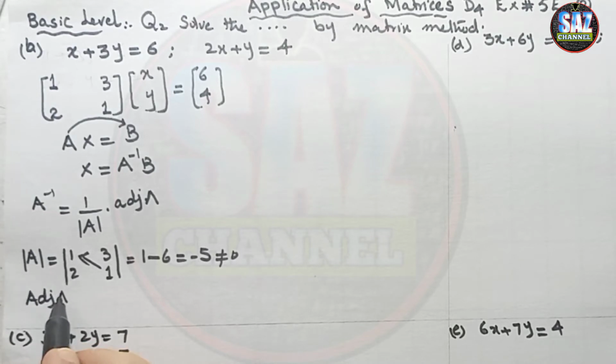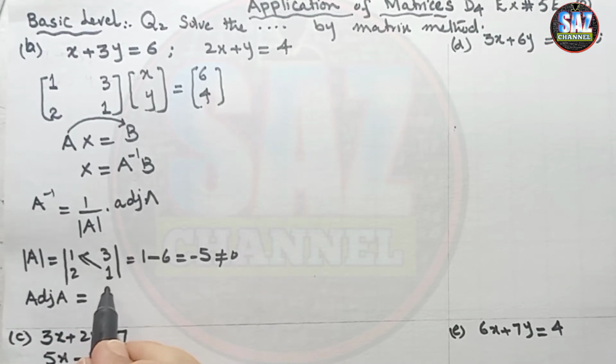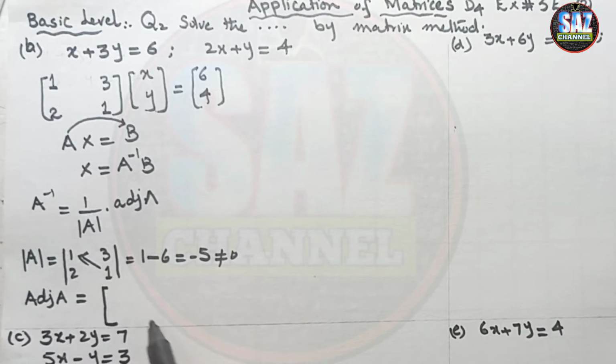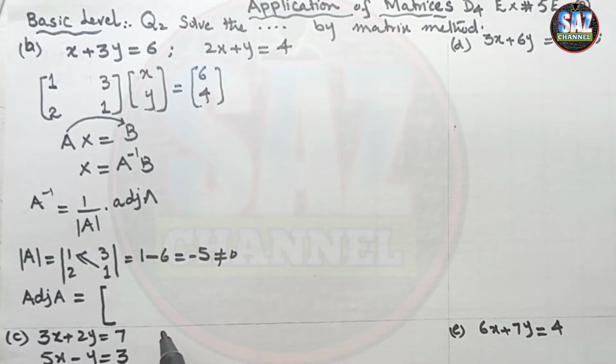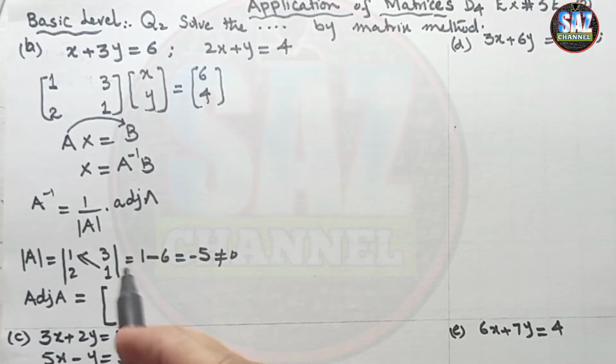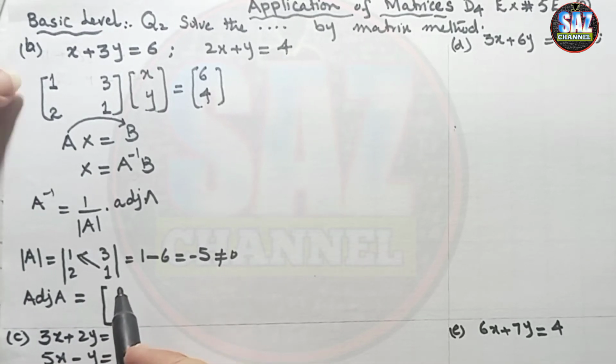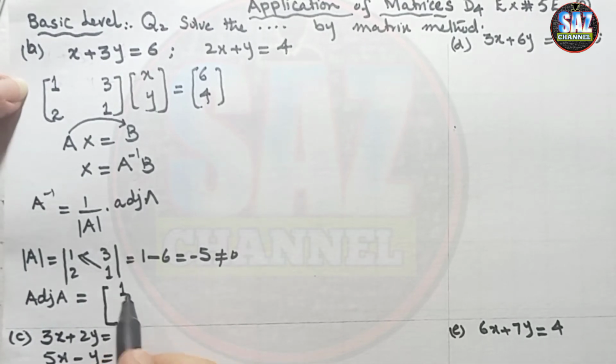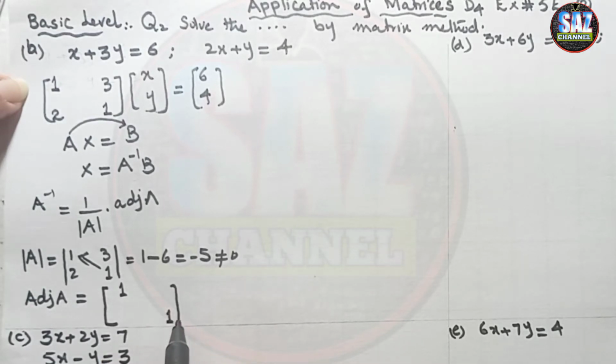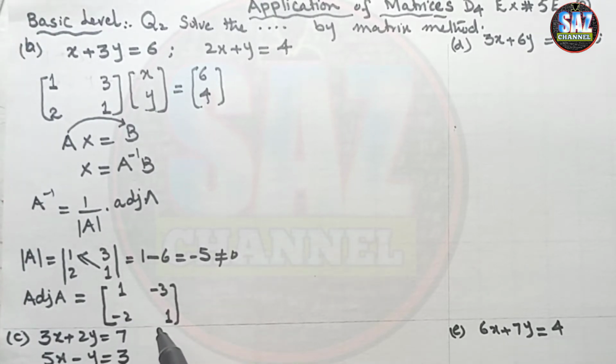Adjoint is a matrix, and recall the rule for adjoint, that adjoint can be easily memorized through PS. I have to swap the places of the diagonal entries, as we have 1 here, so we cannot find any change here, and we have to associate a minus sign over here, minus 3 and minus 2.